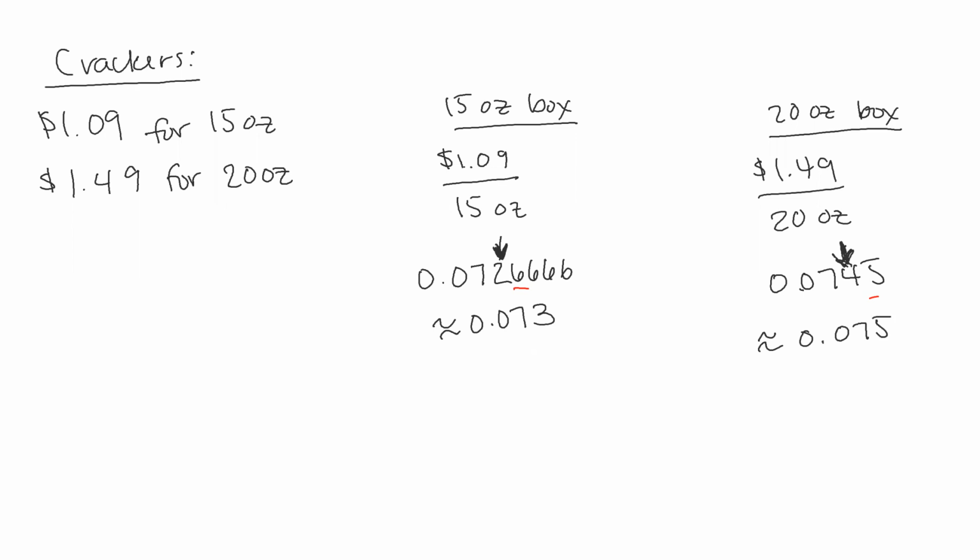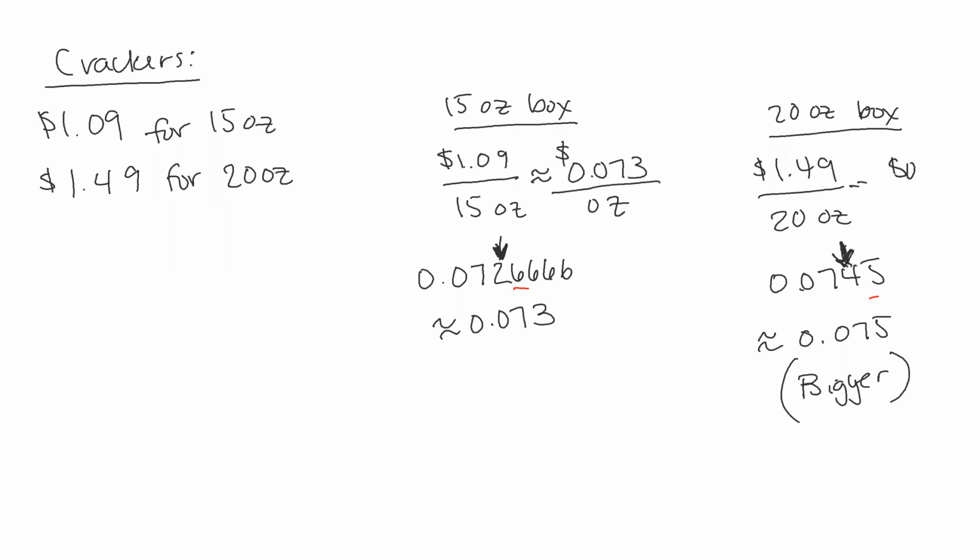0.075. Which of these values is bigger? This value here is bigger. All right. So it tells us this box, the 20-ounce box, is almost 8 cents per ounce, whereas the 15-ounce box is a little bit cheaper. So this one is 0.073 per ounce.